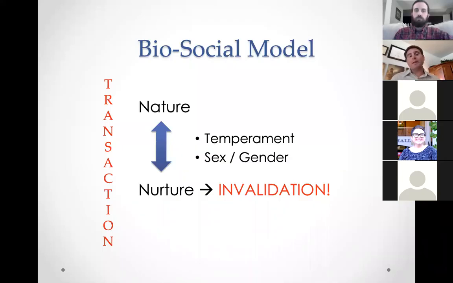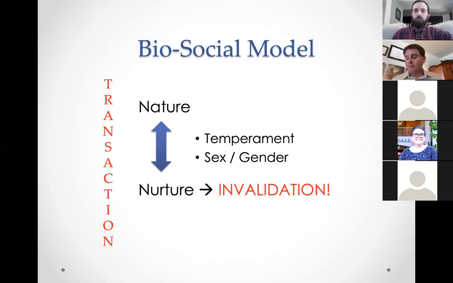Something else that Marsha Linehan noticed was it's not just biology and it's not just the environment. It's how those two feed off of each other and create sometimes this vortex, this negative spiral effect. She called that the transaction between nature and nurture.